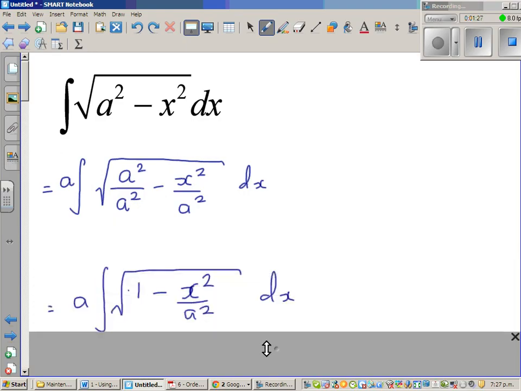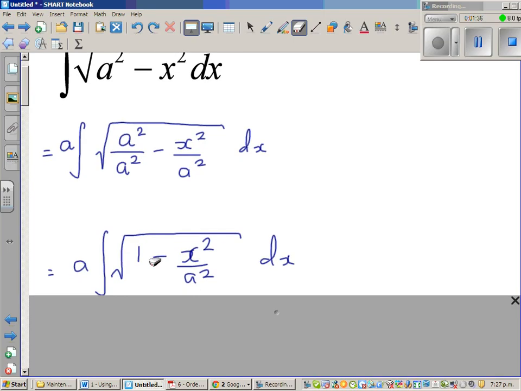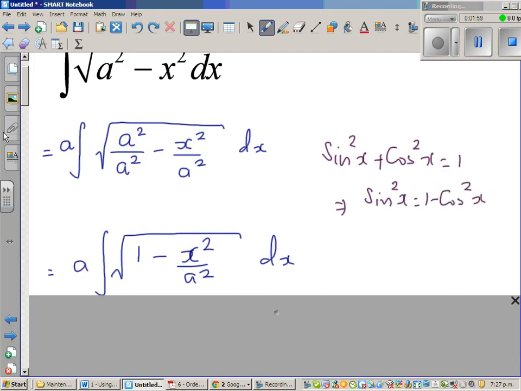So the next step would look like this. That is a times the square root of 1 minus x squared over a squared. Now, I hope you know the trig identity sine squared x plus cos squared x is equal to 1, which implies sine squared x is 1 minus cos squared x, or cos squared x is 1 minus sine squared x.